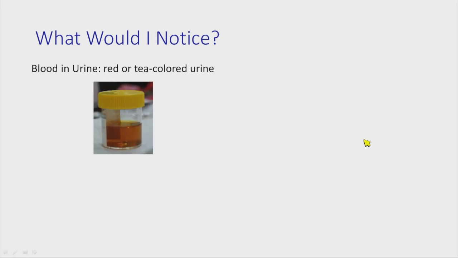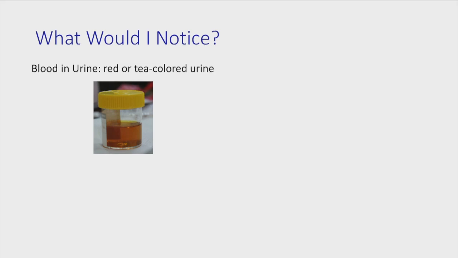So from a more practical point of view, the patient can be thinking, so for me, what does it mean? What would I notice? The patient can see that the color of the urine changes, and suddenly they have a red or tea-colored urine. Many times the color of the urine is completely normal because the blood in the urine is what we call microscopic hematuria.